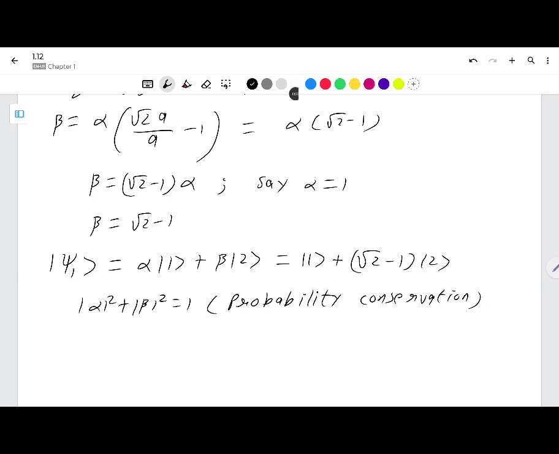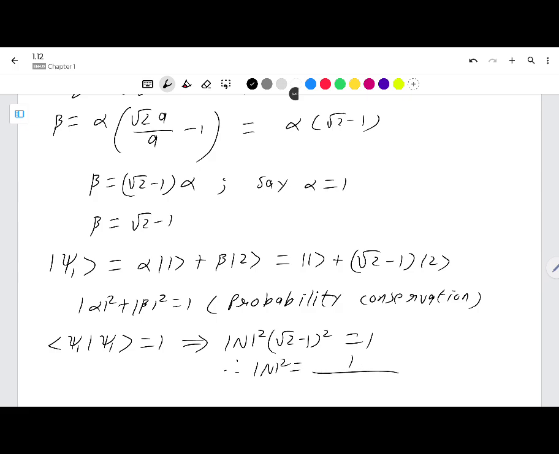So in order to find that, this is the normalized state condition, and that would give us the normalization.